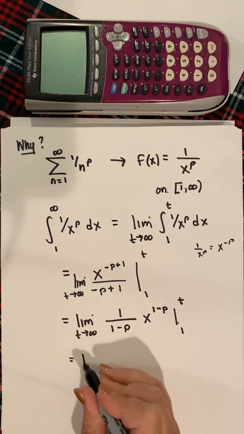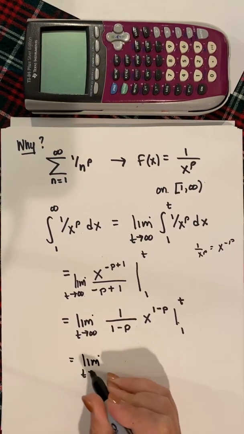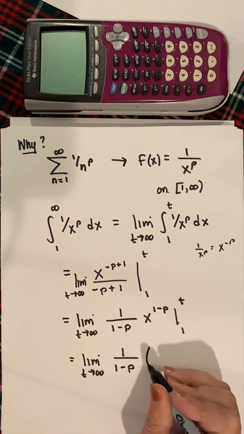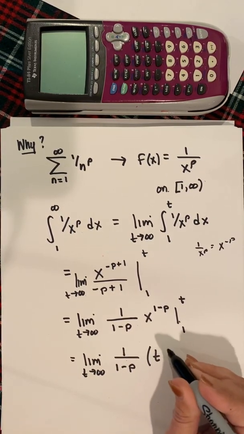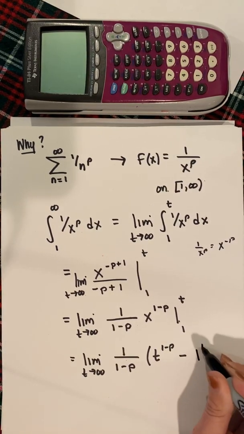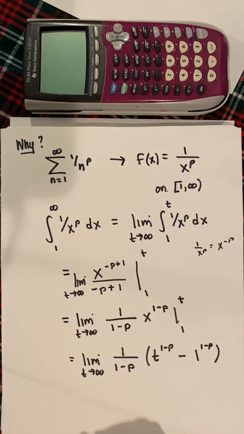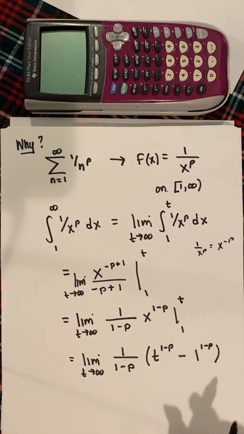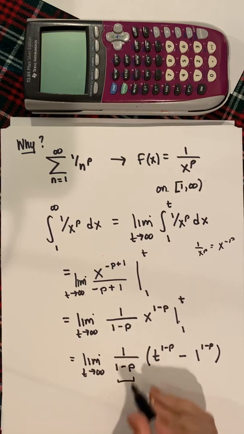Let's look at this. The limit as t goes to infinity of 1 over 1 minus p times t to the 1 minus p power minus 1 to the 1 minus p power. Right? Now we want this value to be finite. So this is just a constant.